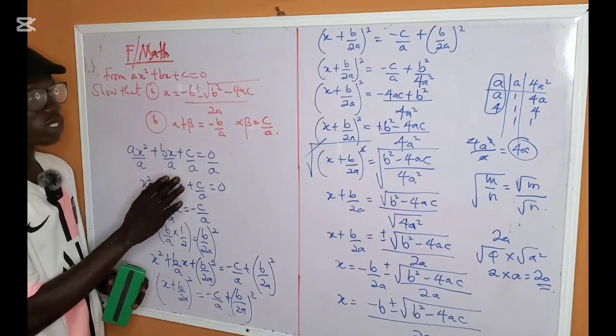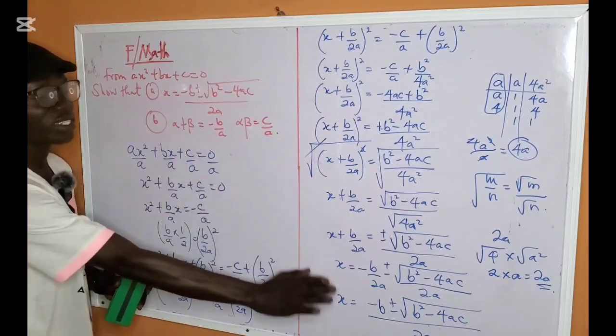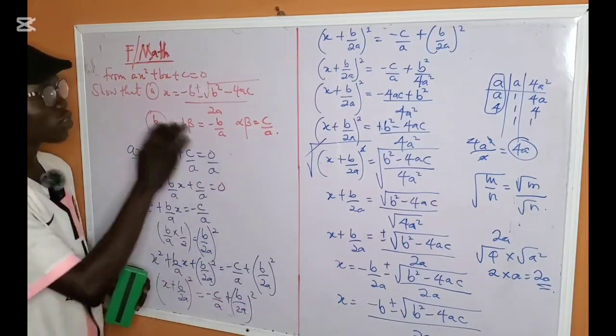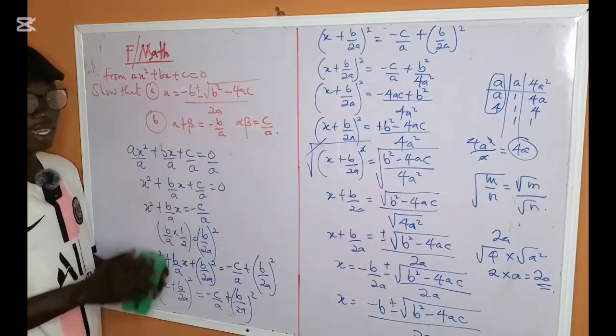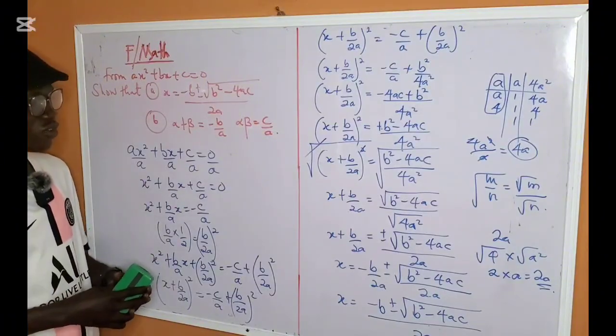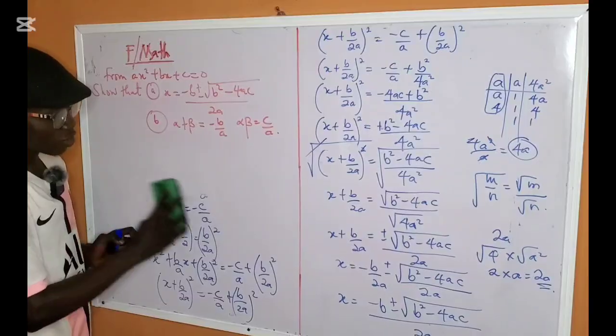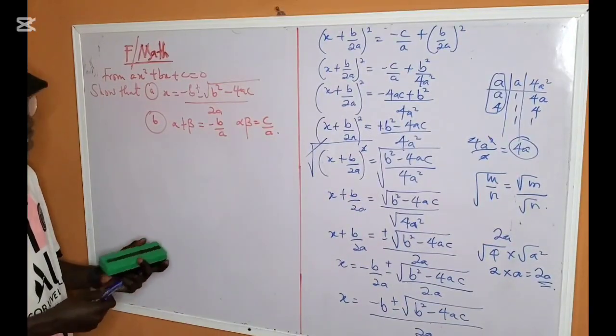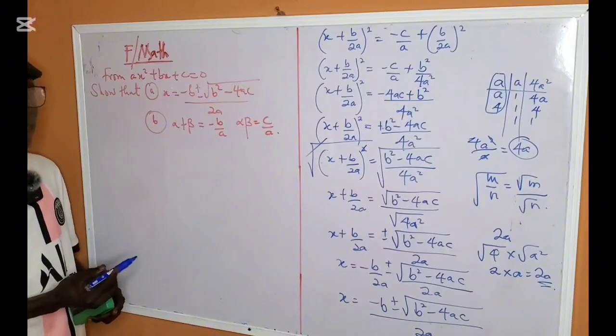One beautiful thing about this kind of question is that your answer, you show if you've gotten it or not. If your answer is not similar to what they asked you to show, then you should know that you need to start all over. Alright, the next one here is show that alpha plus beta equals minus b over a and alpha beta equals c over a.